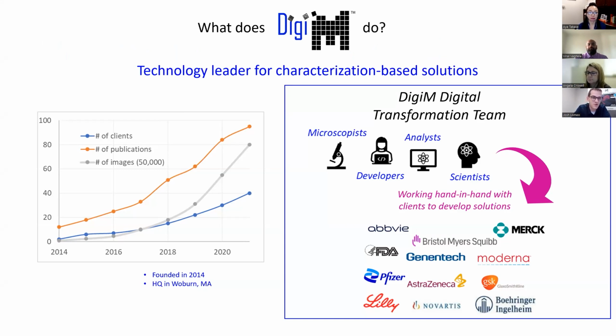So we've seen a really growing interest in the use of 3D imaging data, reflected most by our gray curve here, where the unit on the y-axis is 50,000. So we're looking at over 4 million images that we have analyzed in-house. So micro CT and 3D imaging data is really proving powerful, especially in the area of drug development, where it's gaining good ground.